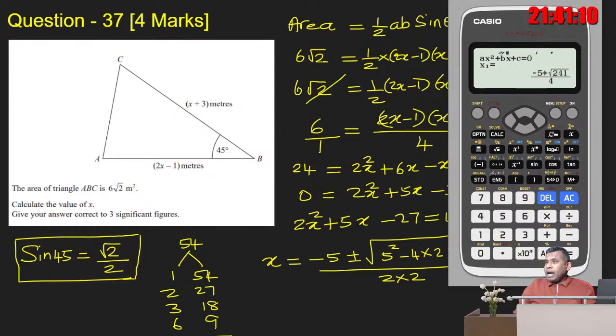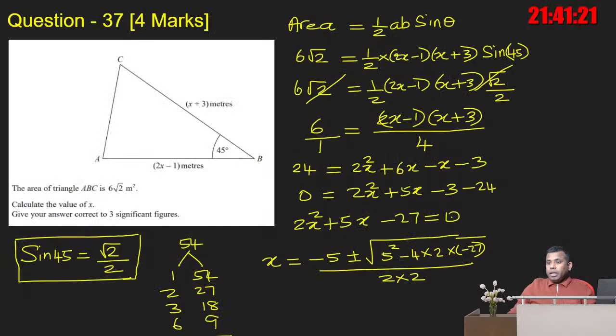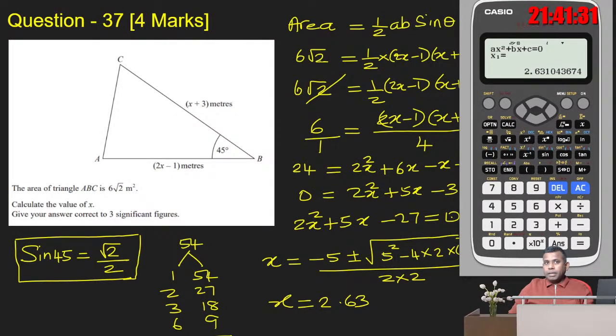Pressing the SD button, the answer is 2.63. So x equals 2.63. Now I will show you how to get the second answer: press equals again, and you get minus 5 minus root 241 over 4.